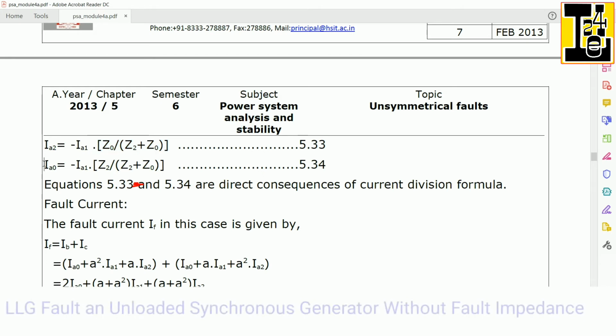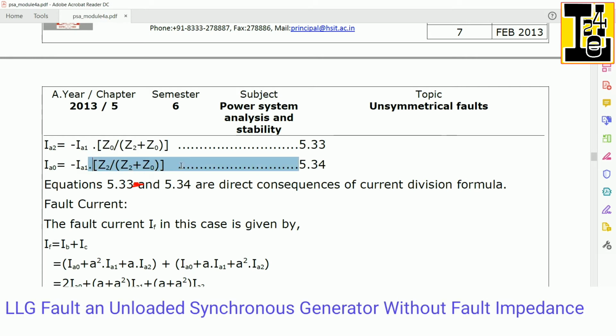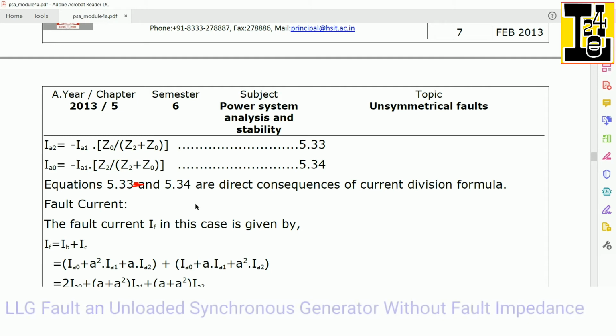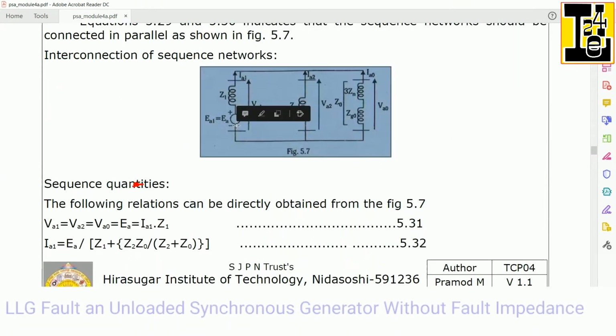We can also write the zero sequence line current IA0 as minus IA1 into Z2 divided by Z2 plus Z0. So these are the six sequence quantities obtained by observing this circuit.